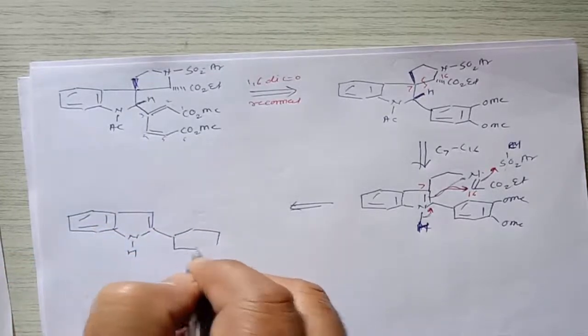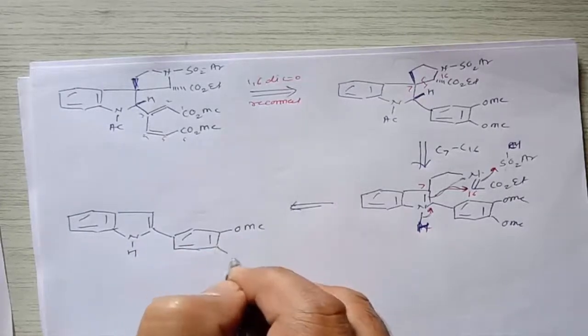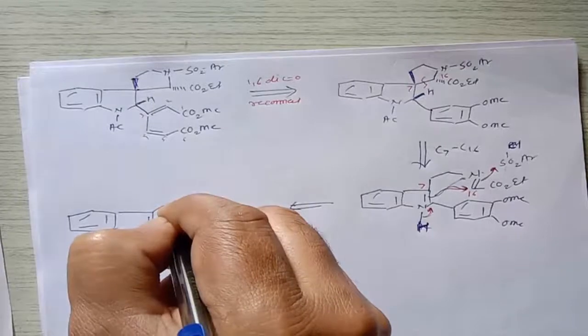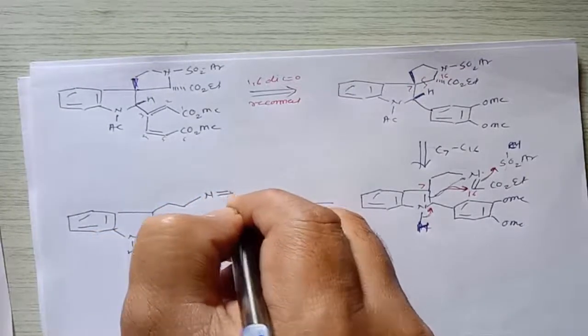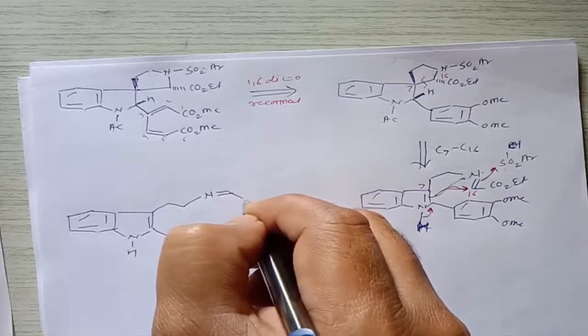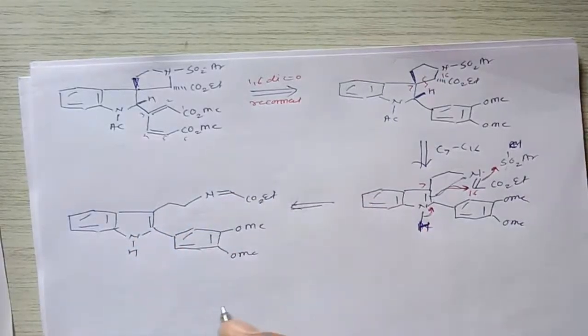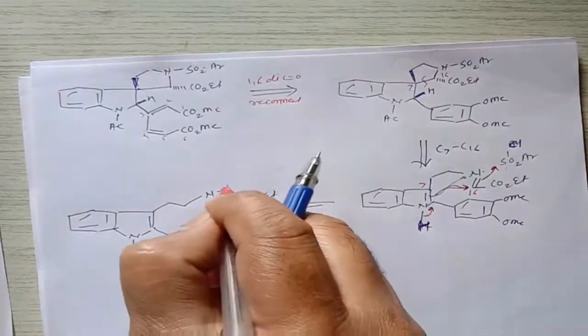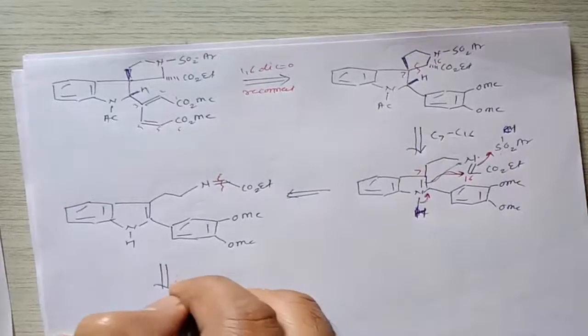Then another aromatic ring will be the same here, containing OMe function group, CH2, then there is nitrogen, then double bond, then CO2Et. Right? So this is the imine function group. Then we can break this imine function group at this position, and after breaking, what do we get?